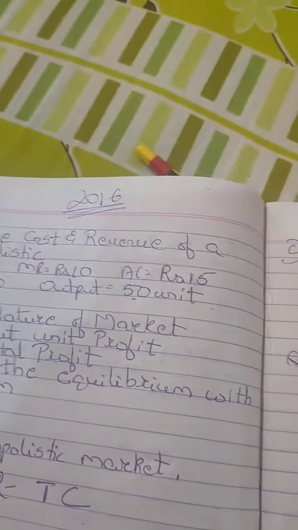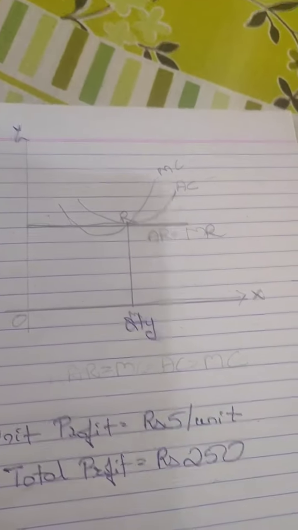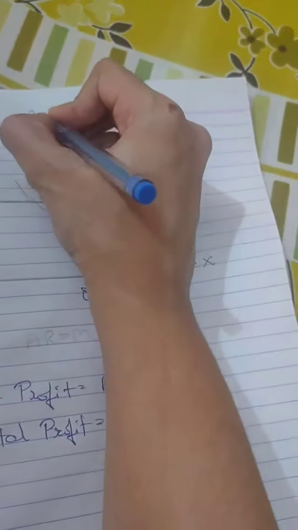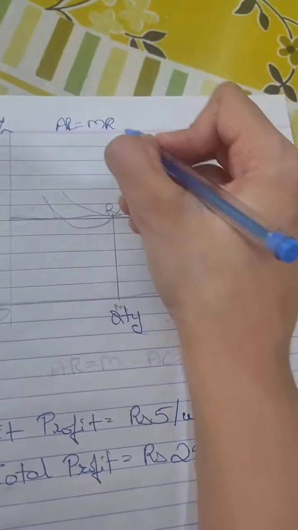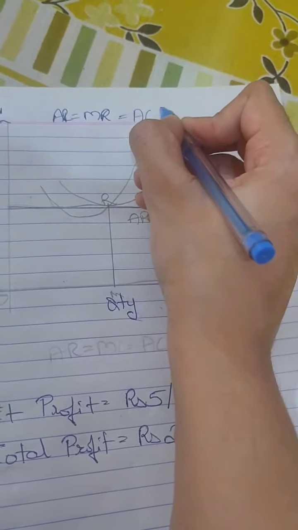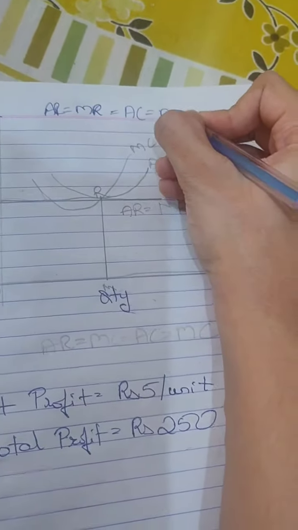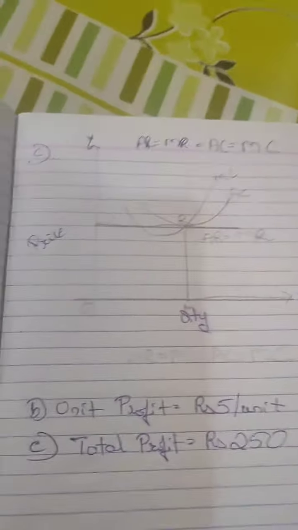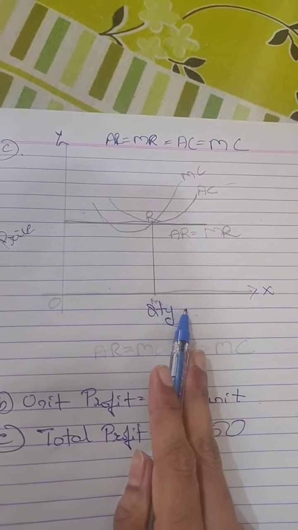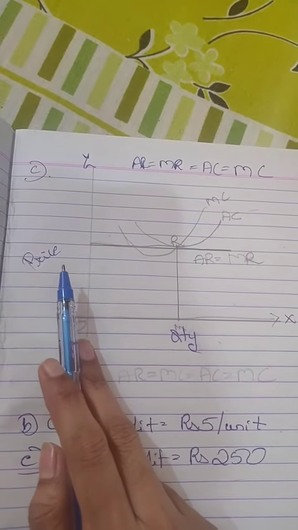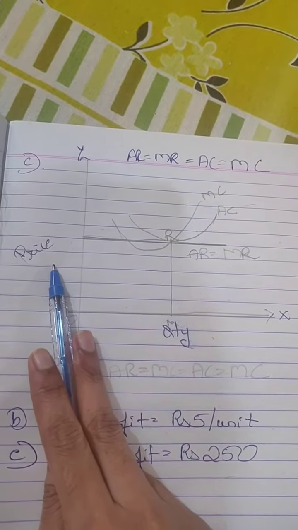Last question, show the equilibrium with the help of a diagram. I will explain the equilibrium for a monopolistic situation where your average revenue is equal to marginal revenue, your marginal revenue is equal to average cost, and average cost is equal to marginal cost. I have already drawn the diagram. On the x-axis we will display quantity and on the y-axis we will mark the price.